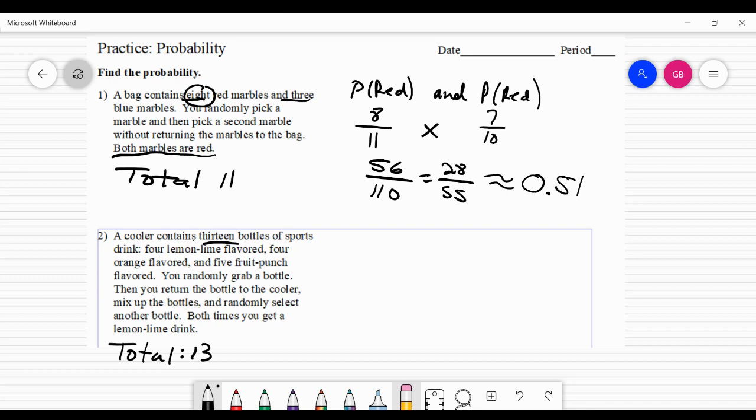So how many lemon limes do we have? 4 are lemon lime. So probability of lemon lime, replace it, right? Because you return it, then the probability of lemon lime again.